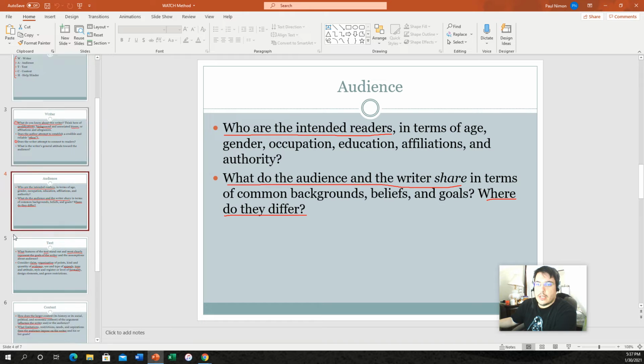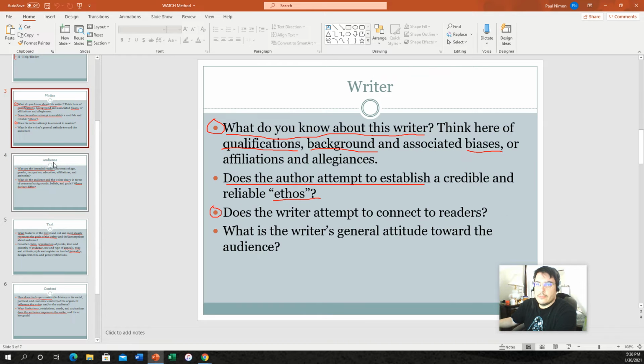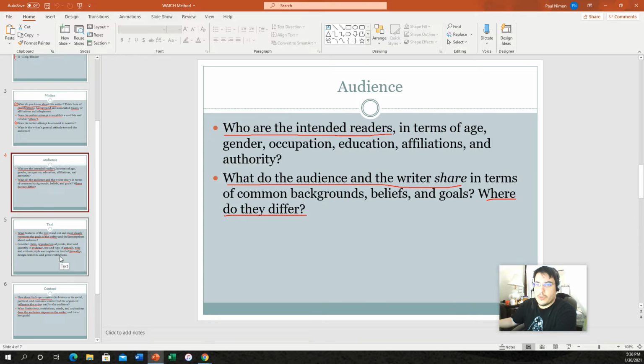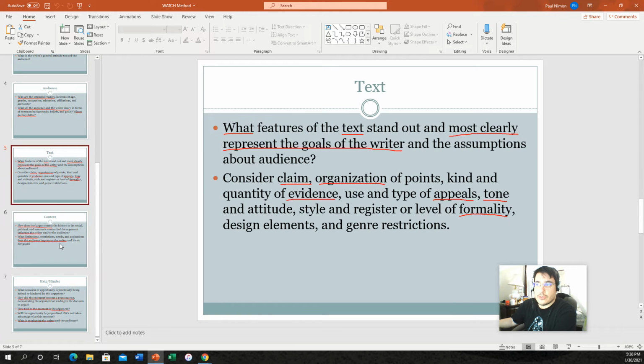So keep in mind about the writer. What do you know about them? Keep in mind about the audience. What do you know about the intended audience? Then look at the text. What sorts of features stand out about the text? This is where we did the rhetorical analysis. Did they use a lot of sarcasm? Did they use a lot of jokes? Did they rely heavily on pathos or ethos or logos?